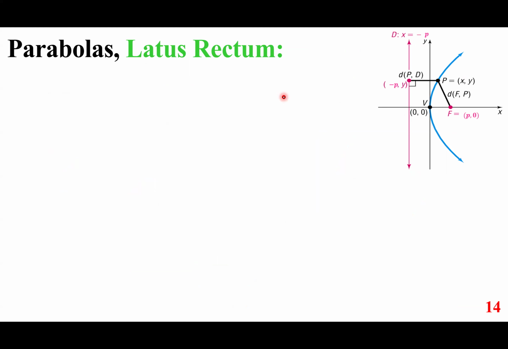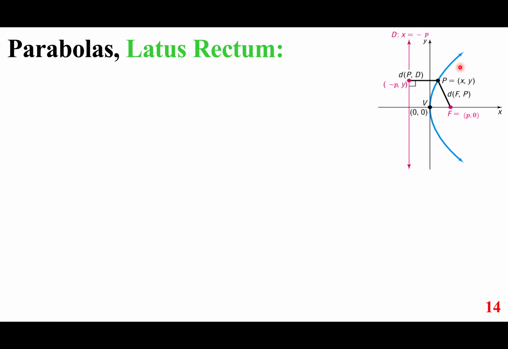Okay, so what is that? Again, just as an example, this one has vertex at 0, 0, focus at (p, 0), remember it's inside, and therefore the directrix is x equals minus p. I'm going with p, okay?